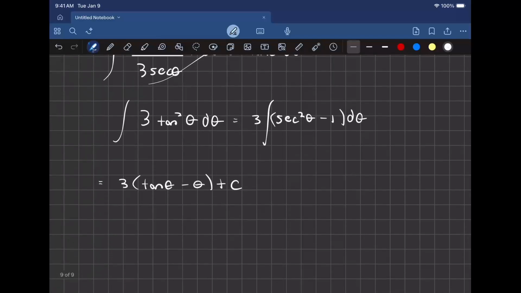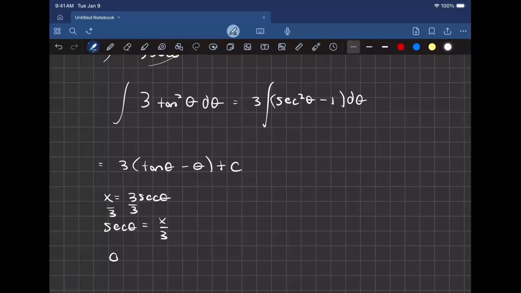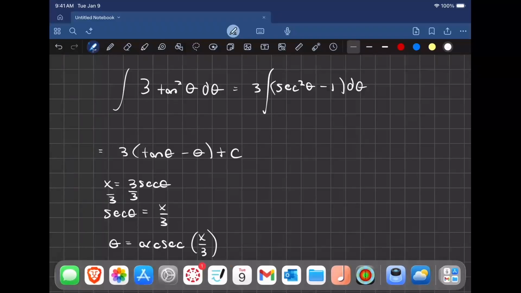And then now all we have to do is find out what our theta is. So x equals 3 secant theta, which means secant theta, right, we divide by 3. Secant theta is x over 3. So theta is arc secant of x over 3. Okay, so that's our theta.